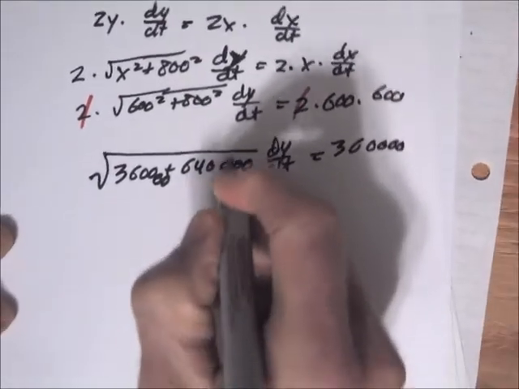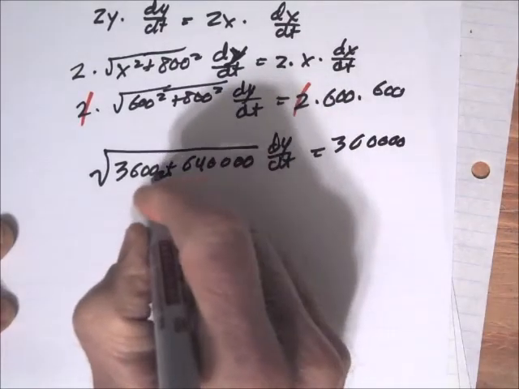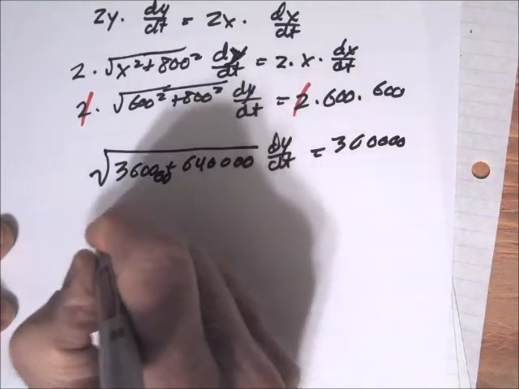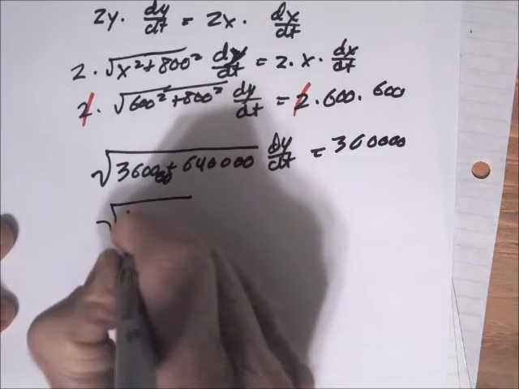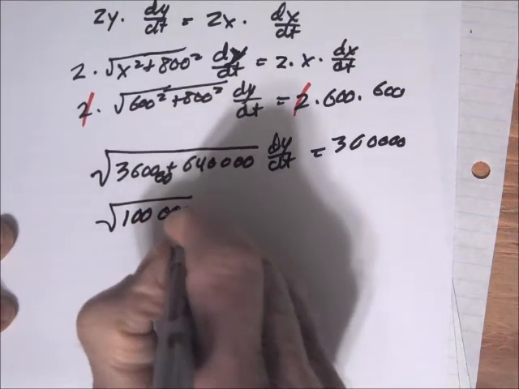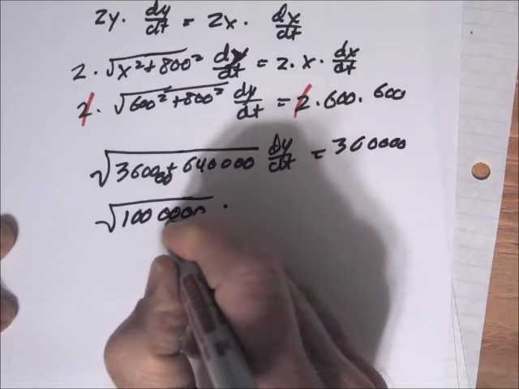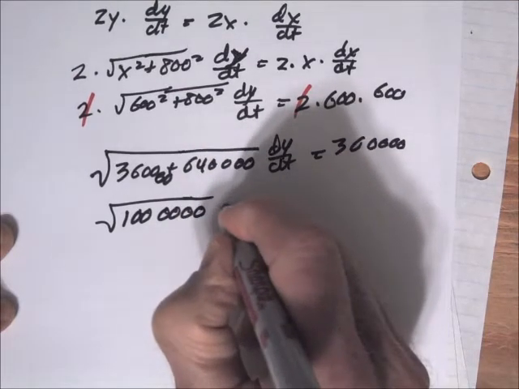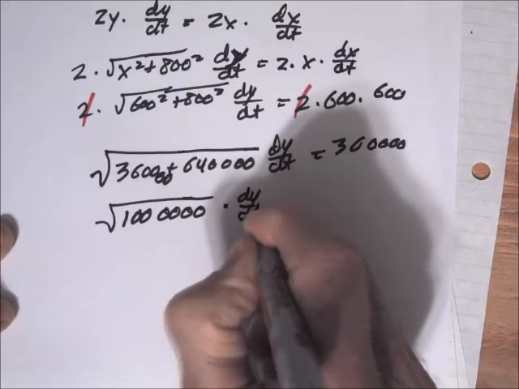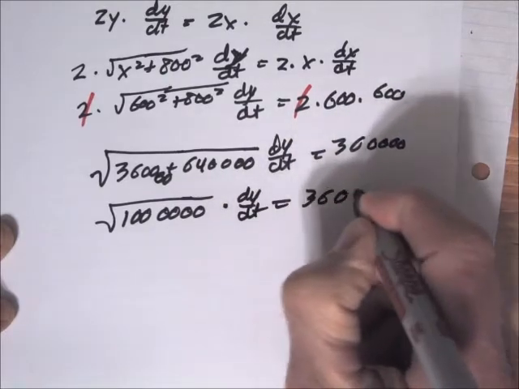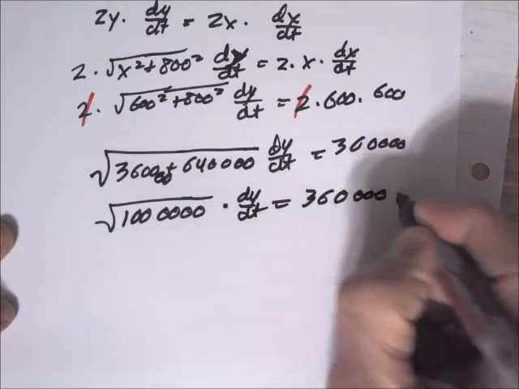So 36 plus 64 is 100, so this is going to be the square root of 100 followed by 4 more zeros, 1,000,000 times dy/dt equals 36 followed by 4 zeros.